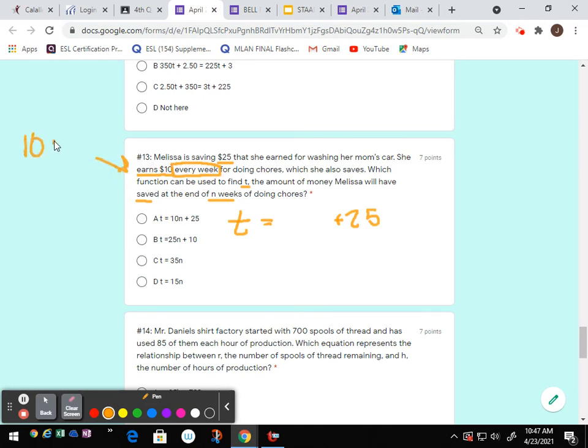So every week we get $10. For example, if N was 2 weeks, 2 times 10, for 2 weeks we get $20. So 10N. Here's our equation. All we have to do is match it to the right answer, which is A. For question number 13, A is our correct answer.